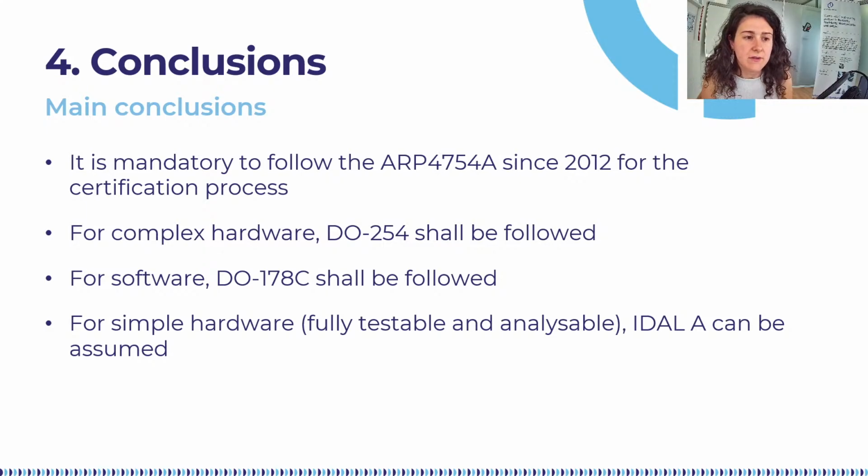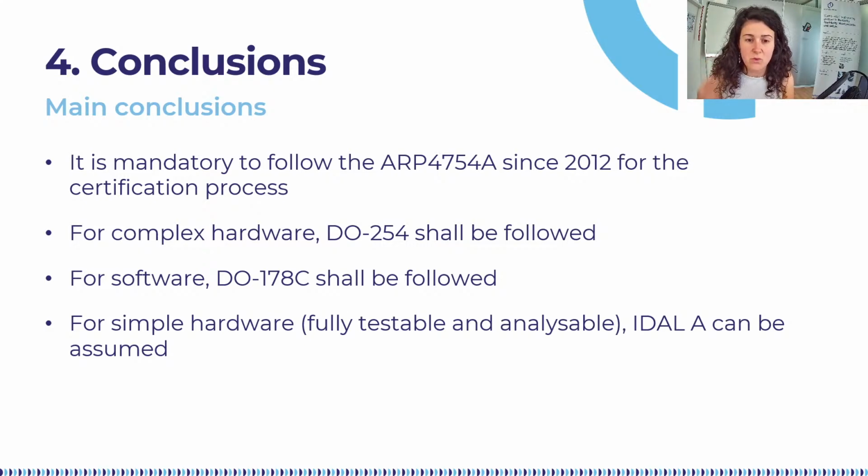So the conclusions. We know that the ARP4754A is mandatory for a civil certification process of an aircraft since 2012. Then for complex hardware, we need to follow the DO-254 to develop complex hardware.